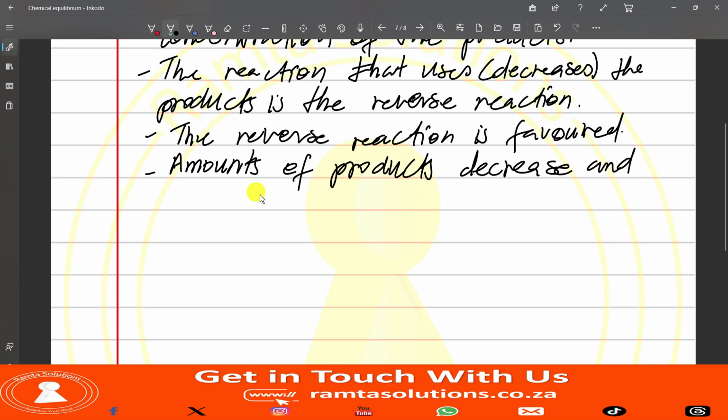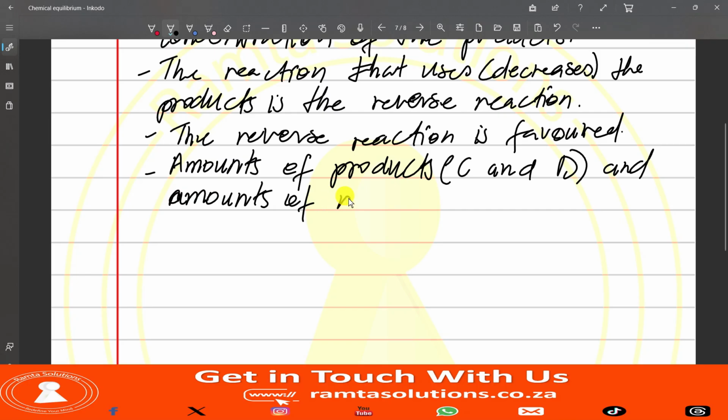And, by the way, I should say this, products, maybe let me write it in brackets. In this case, we are working with C and D. And the amount of reactants, in this case, it was A and B. What happens with them?